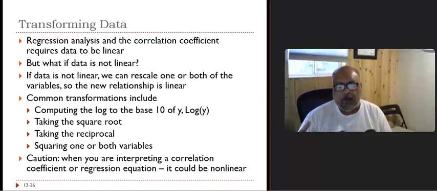They can help us make our relationship linear. That will allow for a more accurate correlation and regression analysis. Very, very useful. It's just like coding and decoding something. So let's take a look at how we do that.